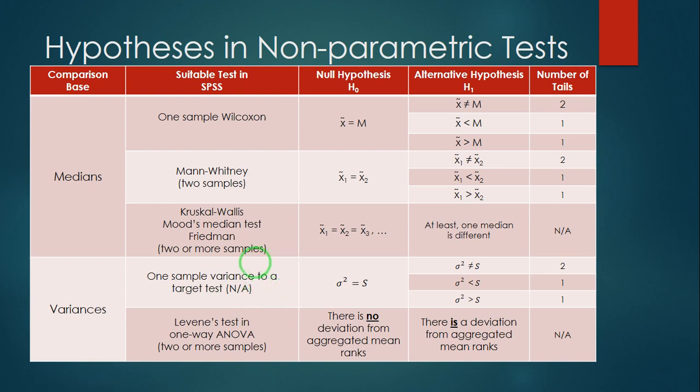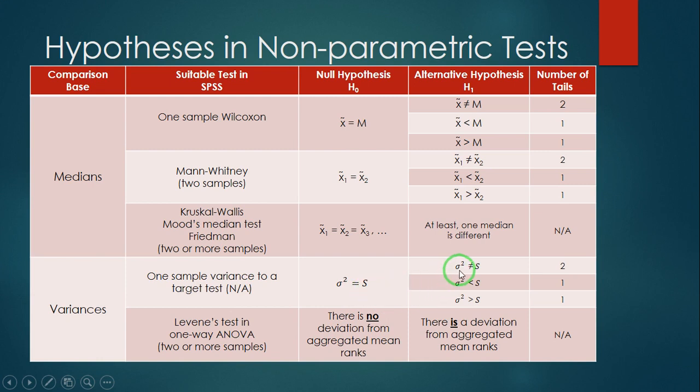Also, you cannot find anything in Excel, but you can normalize your data and run the test for one sample variance for parametric data. And in this case, the null hypothesis could be that the variance equals S, and S is a specified amount for the variance.